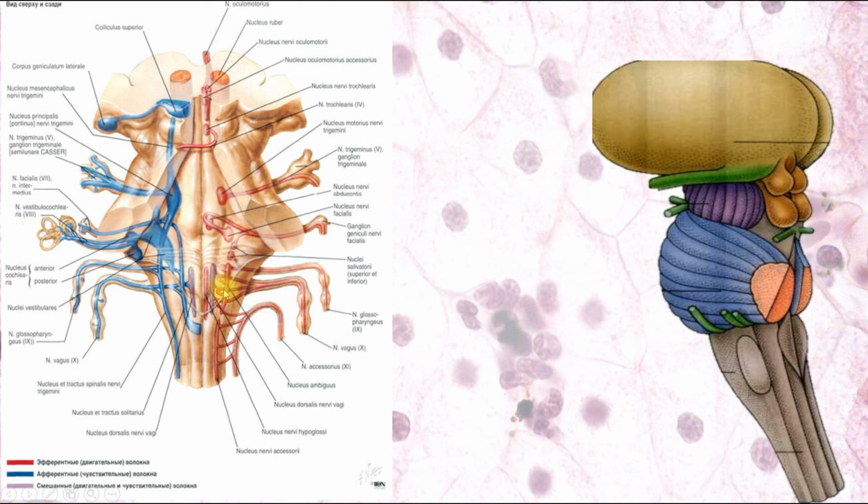Here we can see nuclei of different cranial nerves and different essential centers of regulation. Histologically, the brainstem has a simple structure: white matter with numerous nuclei, inclusions of perikaryons of neurons. But those perikaryons play an essential role in regulation of our vital functions. That is the histological structure of the brainstem.